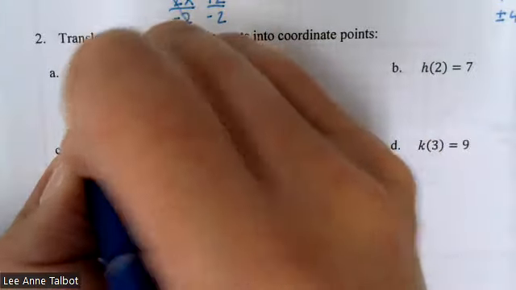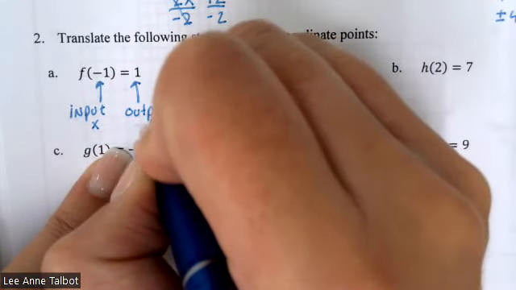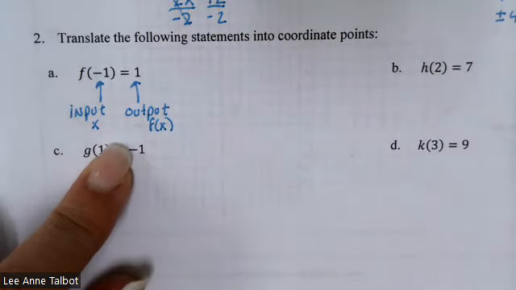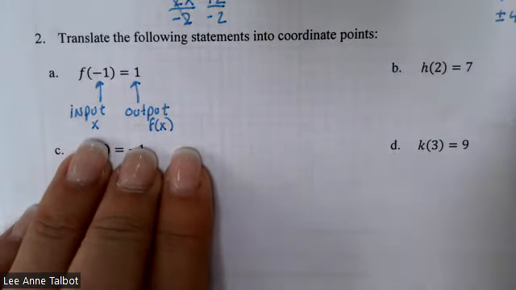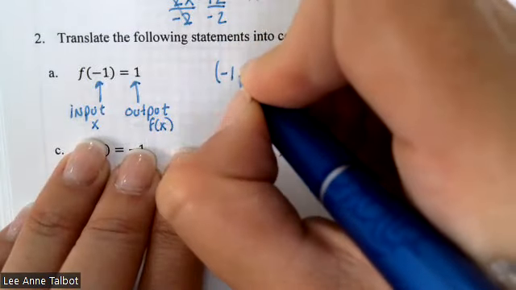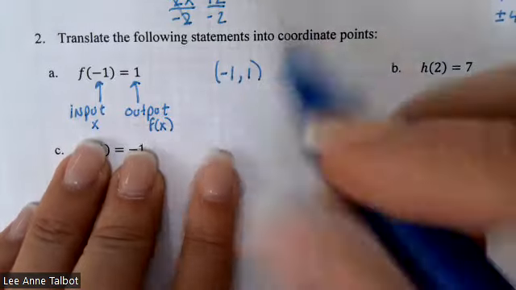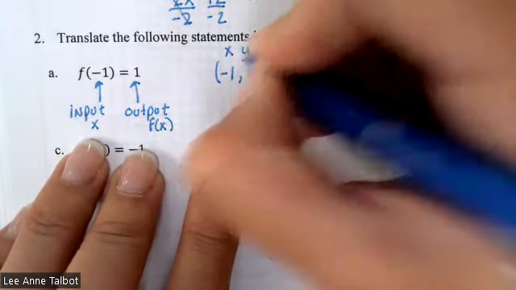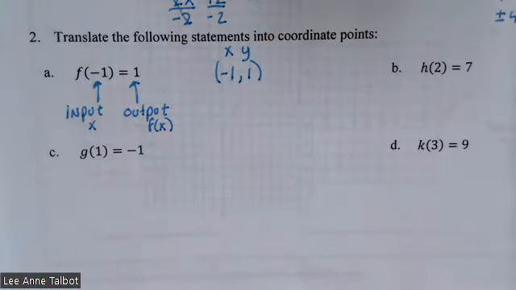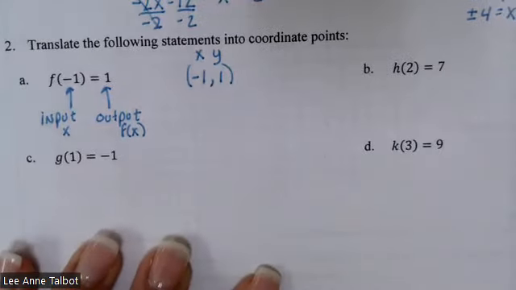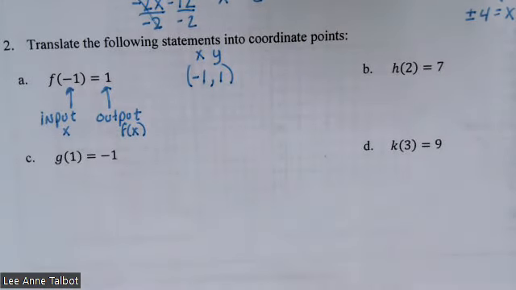The input is x, and the output is f of x. So the coordinate is negative 1, 1. Input, output. Okay, so do the rest of them. It should take you like no longer than 9 seconds.